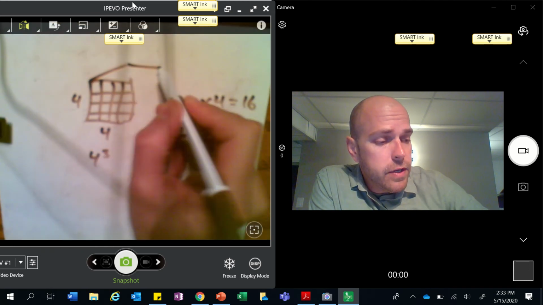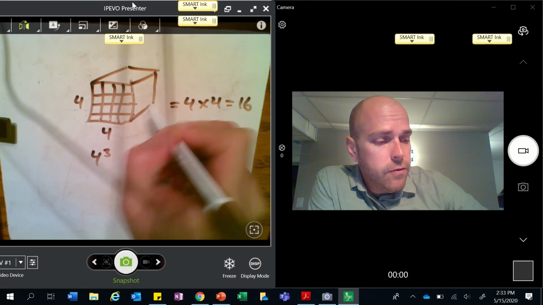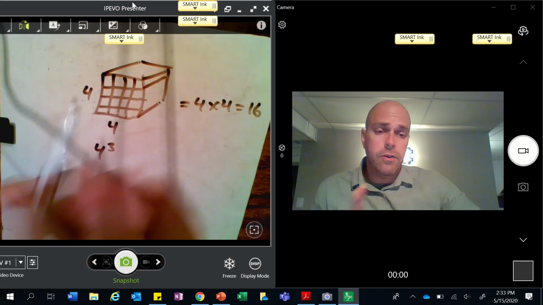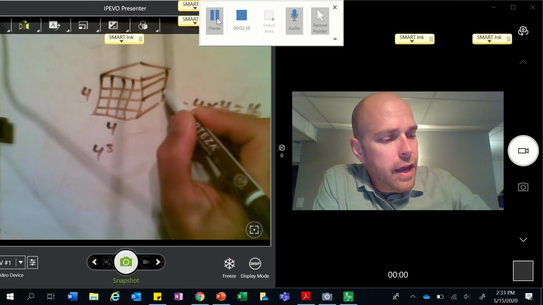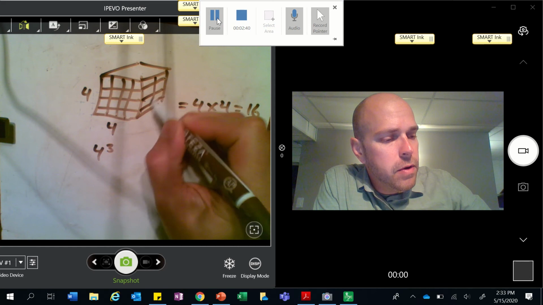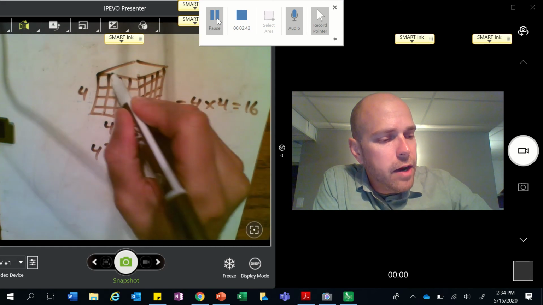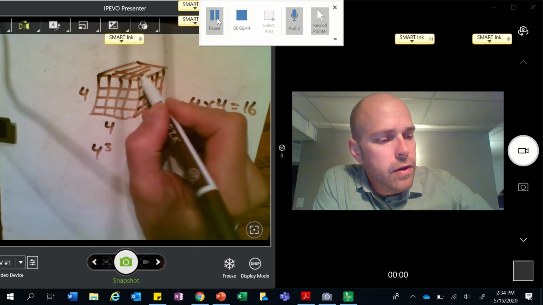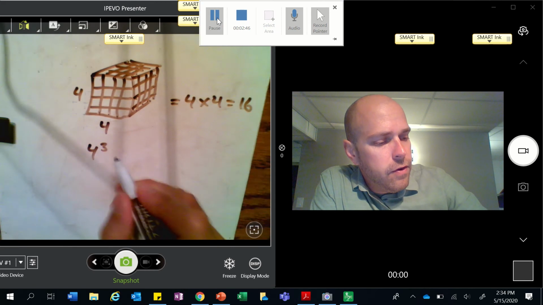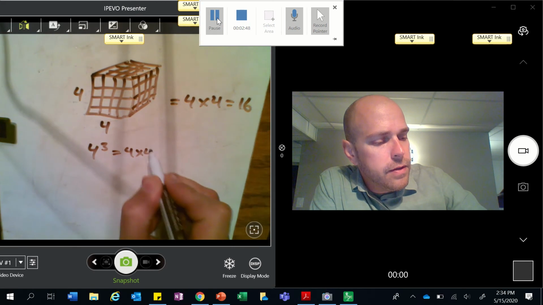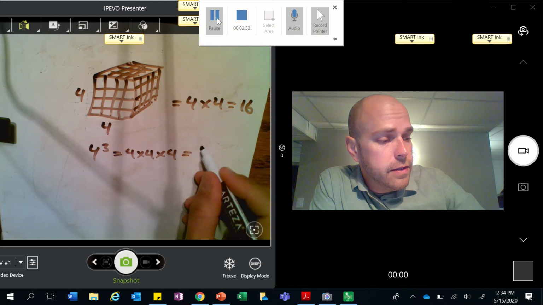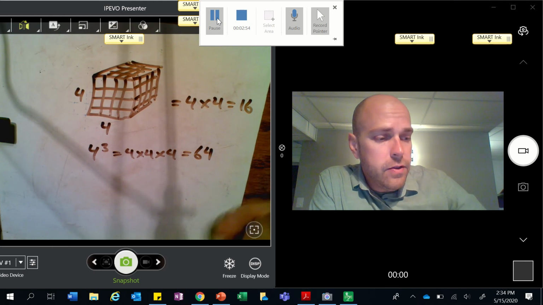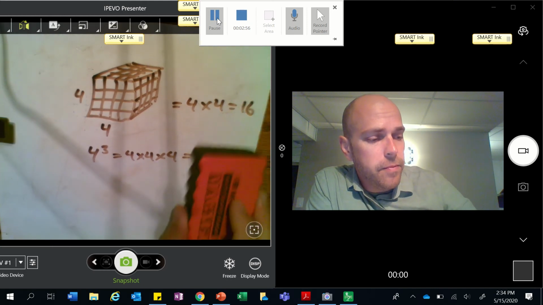Why 4 times 4 times 4? Cubed means if I had 4 as a cube and we counted how many cubes there were, we would have 4 times 4 times 4. 16 times 4 is 64.